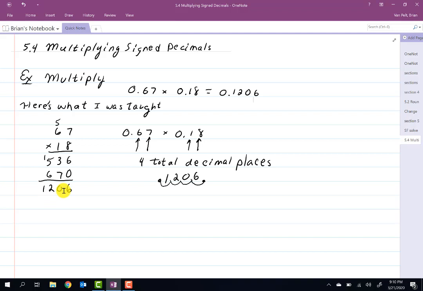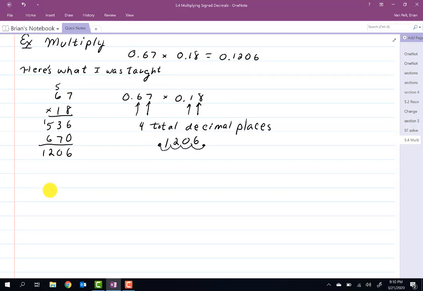So basically we ignored the decimals till the end. Now here's the reasoning why it worked. Remember, we talked about the decimal places and their place values. If you look, the 6 is in the tenths spot and the 7 is in the hundredths spot. So this is 67 hundredths.